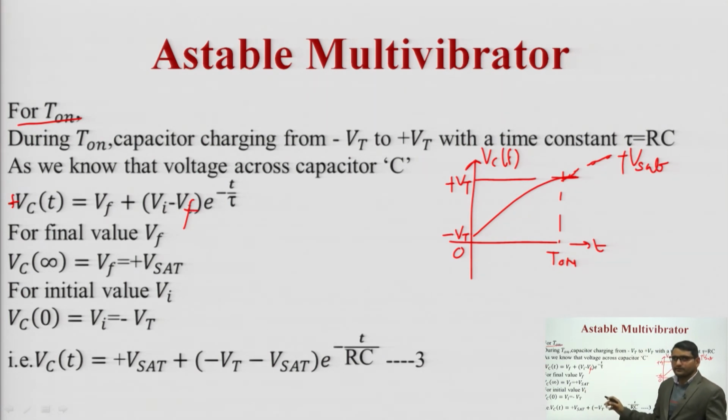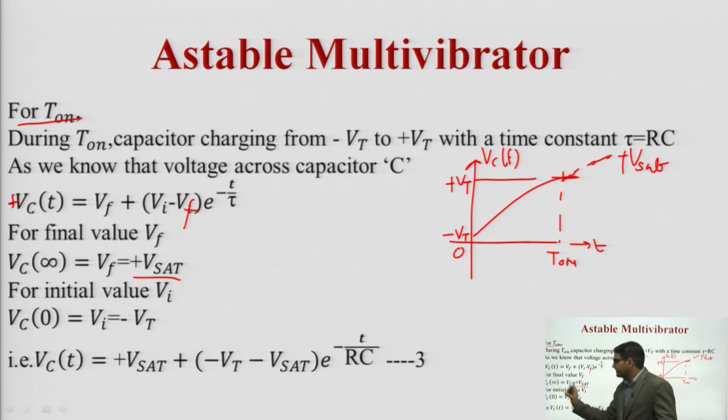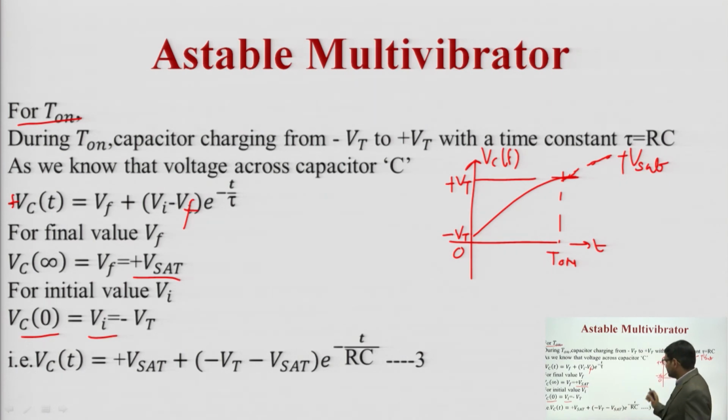For the final value, Vf equal to plus Vset, ideally it charges to plus Vset, so it is considered as the final value. For the initial value at t equal to 0, Vi equal to minus Vt. We put the values of Vi and Vf in this equation.